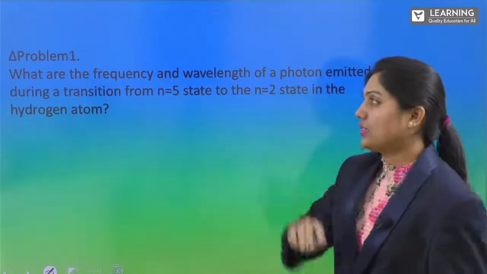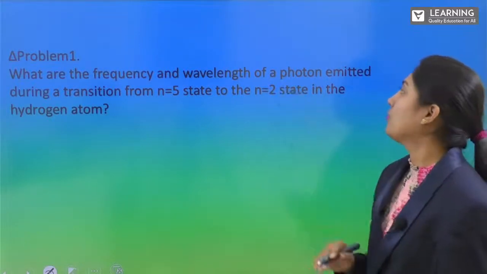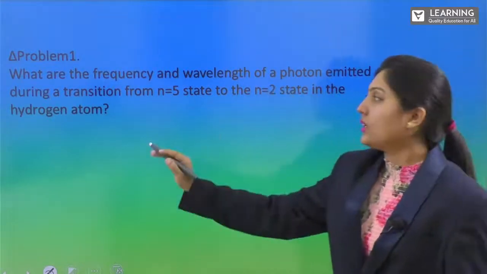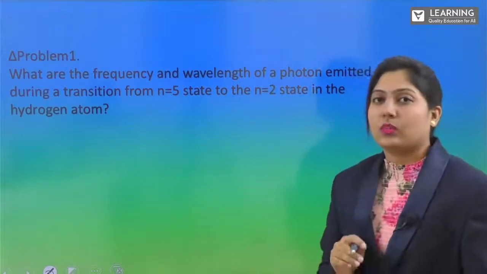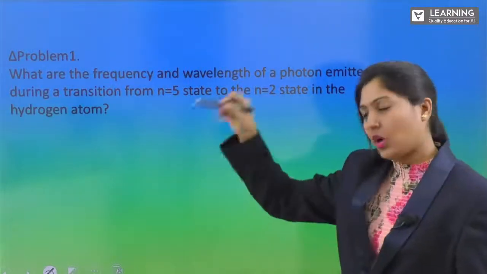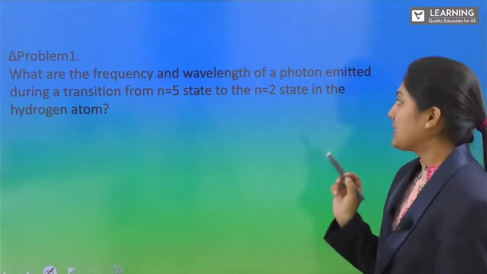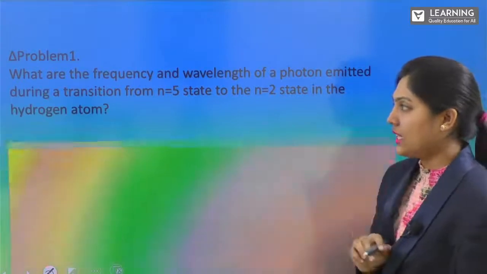Now we'll check with a problem. What are the frequency and wavelength of the photon emitted during the transition from n equals 5, that is the fifth orbit, to the n equals 2 state in the hydrogen atom?